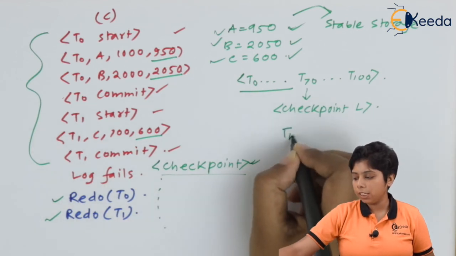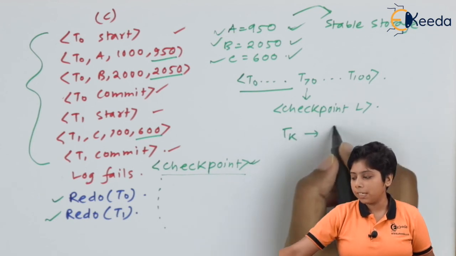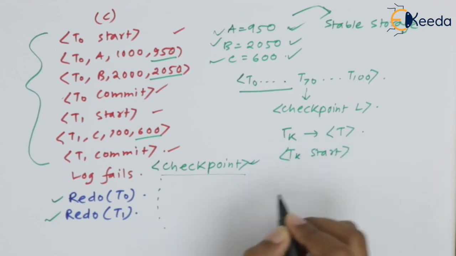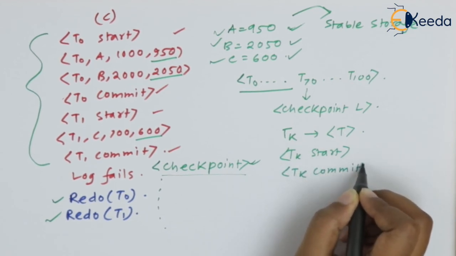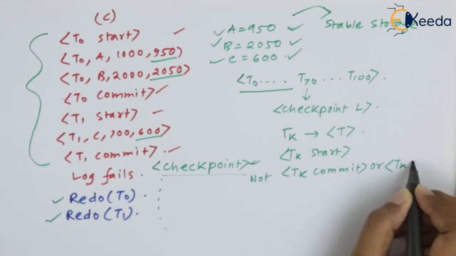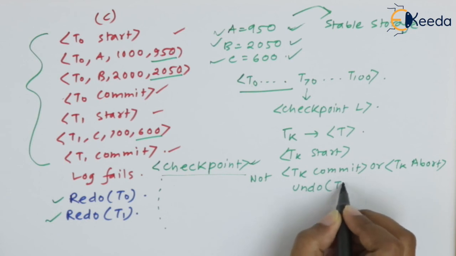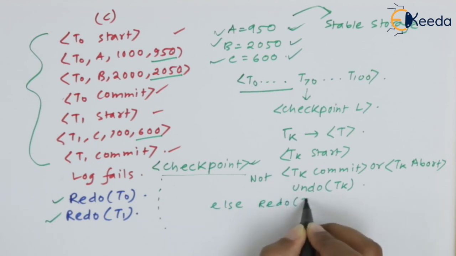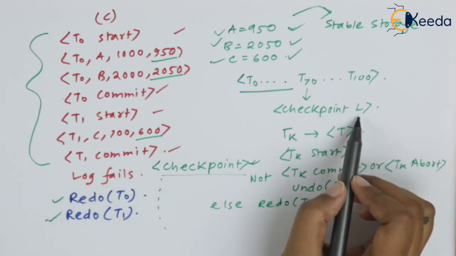That is, if there is any TK belonging to the set of transactions T0 to T70 where we have TK start but not TK commit or abort, we need to undo this TK. Otherwise, we need to redo this TK.